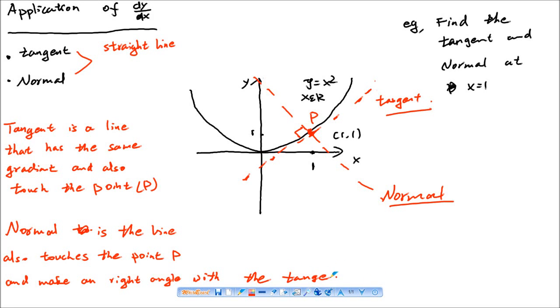This is the definition of the tangent and the normal.